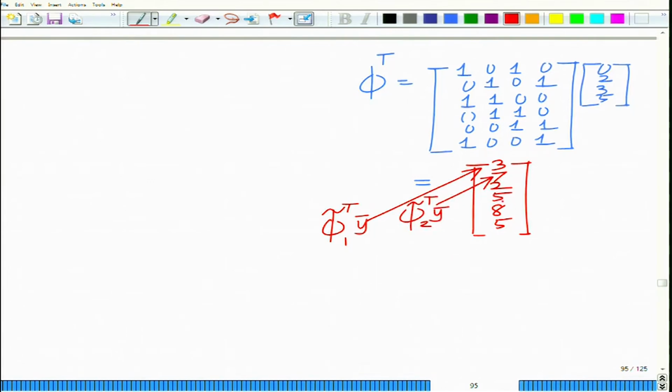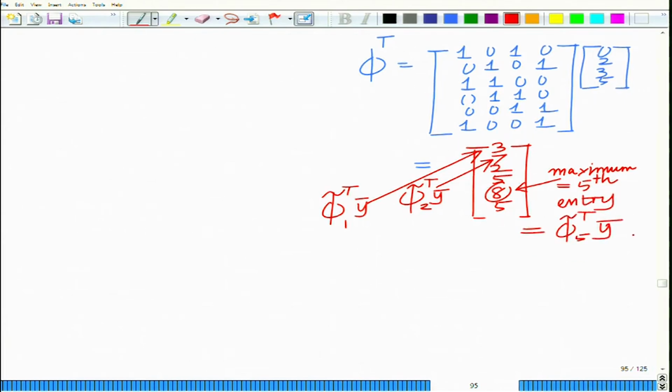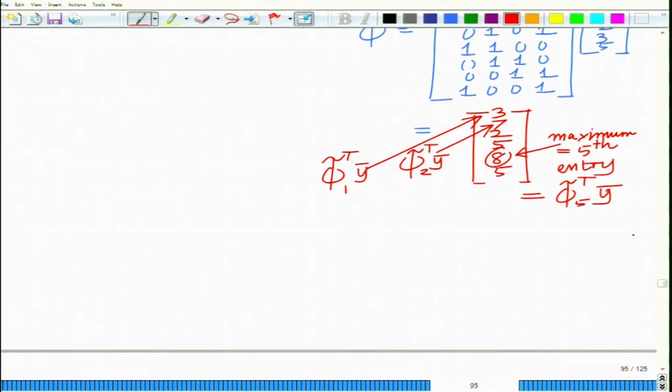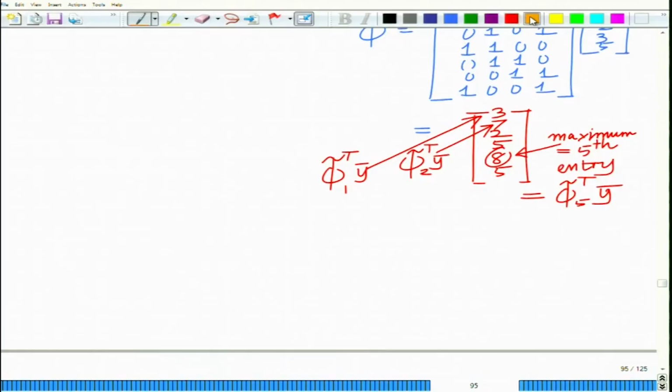And if you see, the maximum occurs at the fifth component, which is equal to phi 5 tilde transpose y bar. Therefore, y bar has the maximum projection along column 5, that corresponds to phi tilde 5. Okay.